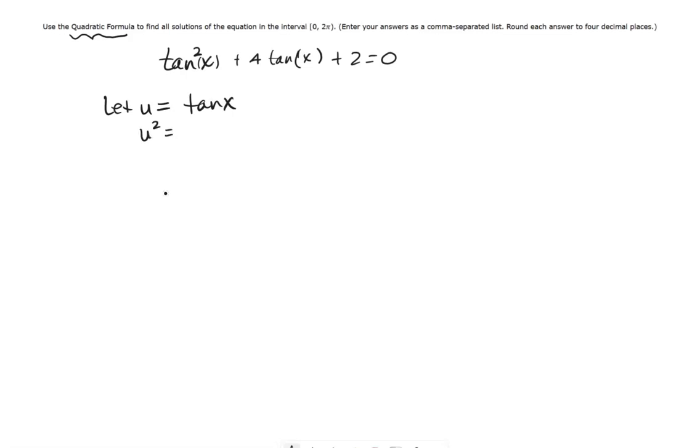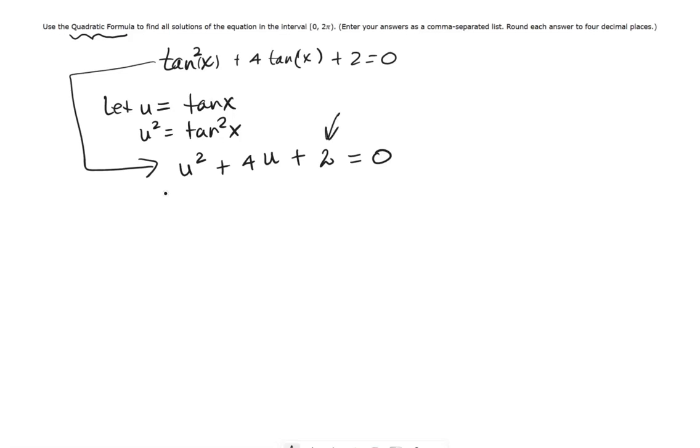So u squared will equal tan squared x. If we make this substitution, then tan squared x becomes u squared, plus 4 tan x becomes 4u, plus 2 equals 0. And as you can see, this quadratic equation is not factorable because there are no factors of 2 that will add to 4.